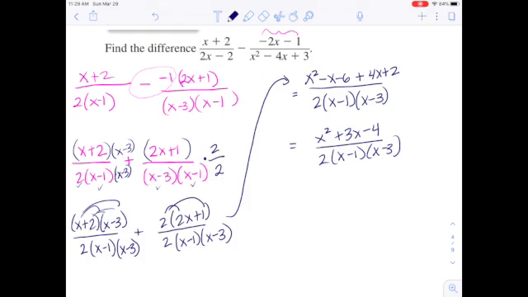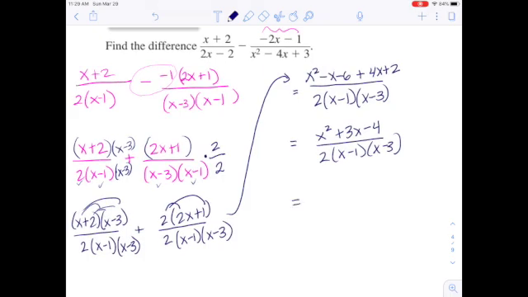And now you ask yourself, can I simplify that fraction? And you notice that your numerator can actually factor now. That'll factor into x plus 4 times x minus 1, divided by 2 times x minus 1 times x minus 3. And you see you can actually cancel out that full factor of x minus 1.